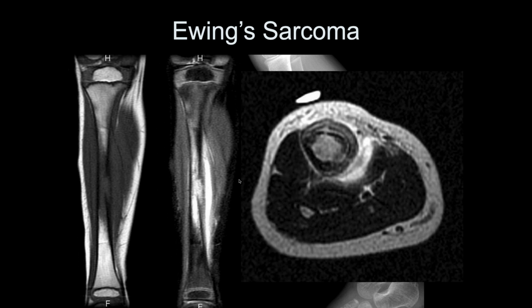But this happens to be a Ewing sarcoma, and especially this involvement of the cortex here makes you have to think about eosinophilic granuloma, osteomyelitis, Ewing's, and adamantinoma. In my experience, adamantinomas are the most common of the malignant lesions in this area. But Ewing's is also a big one in this area. So this was a Ewing sarcoma.